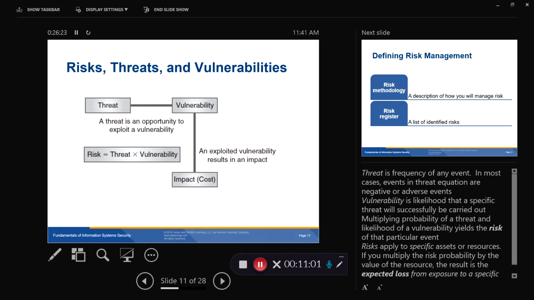But the idea here is that we have to come up with a mathematical formula, and risk equals the threat times the vulnerability. So the threat that a hacker may attack our database, there might be a 30% chance of that. And we might think, well, okay, so how often is that going to occur?